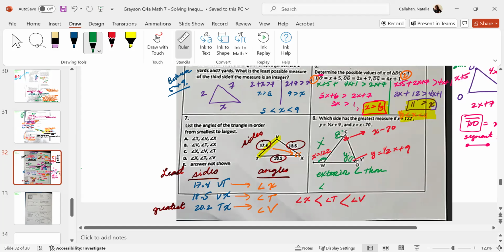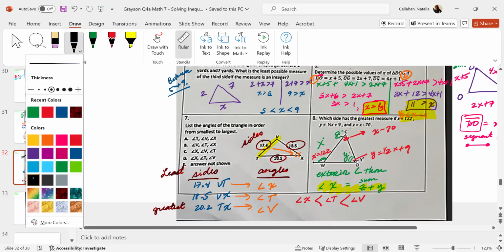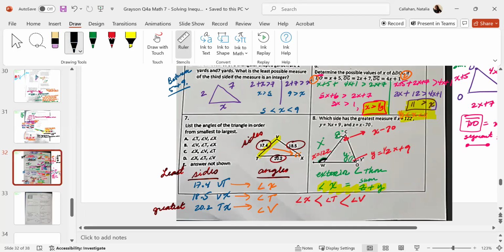X, okay. Angle X is equal to the sum of Z plus Y. That is the theorem. The one outside angle, which is this black angle right here, is equal to those two angles on the inside added together.